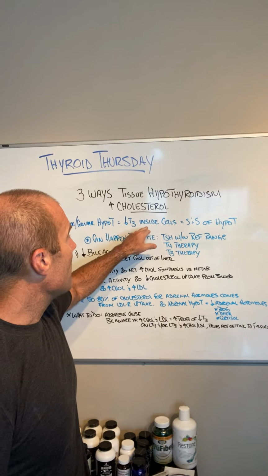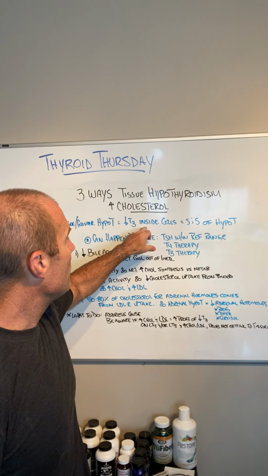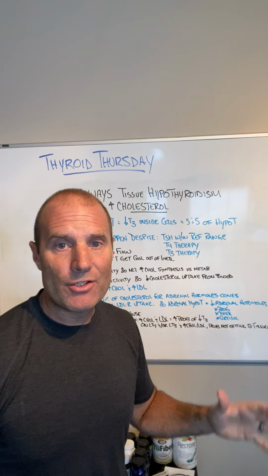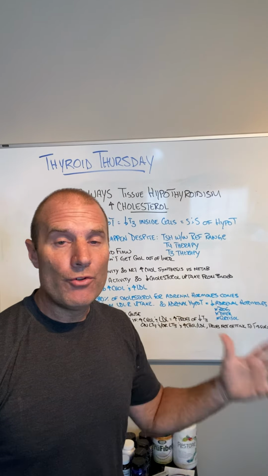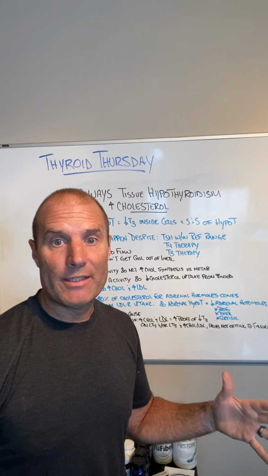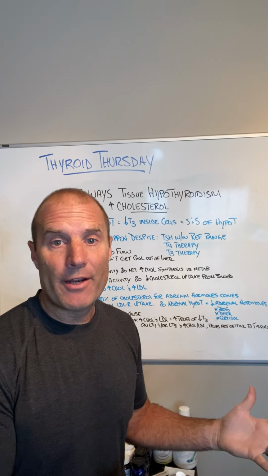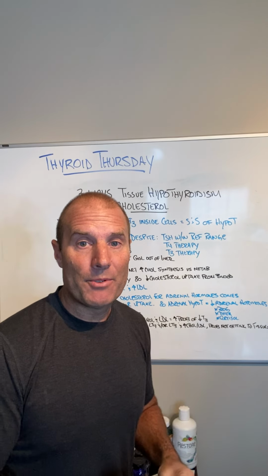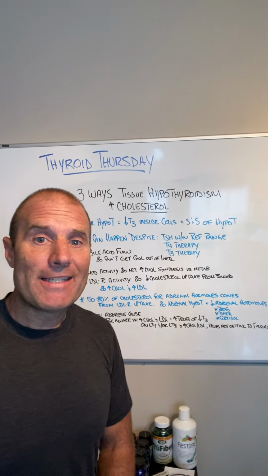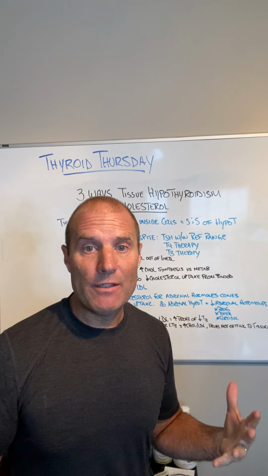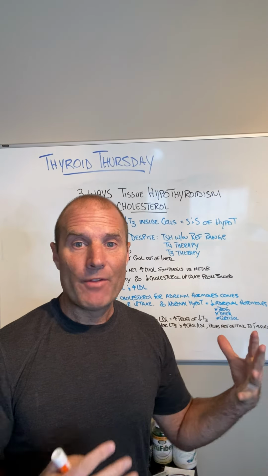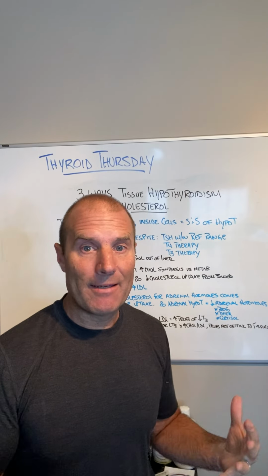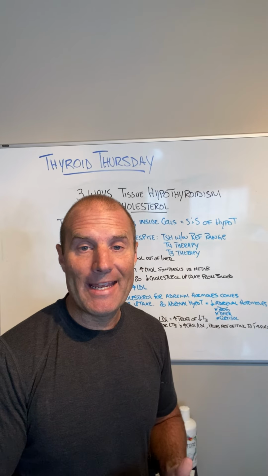So the signs and symptoms of hypothyroidism are the result of decreased T3 inside the cell, and they can occur with a normal TSH. It can occur with a normal T4 in the bloodstream, whether you're not on thyroid hormone replacement therapy or you are. I think there's a general consensus that as long as you take enough T4 to normalize TSH, every cell is going to convert T4 to T3 at the same level, and that has not been proven to be the case.